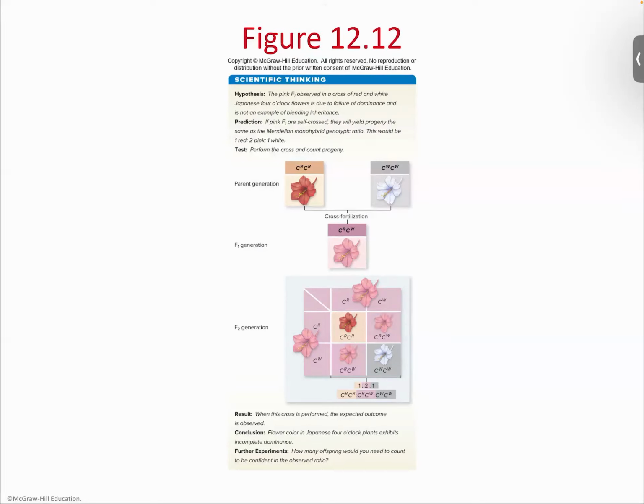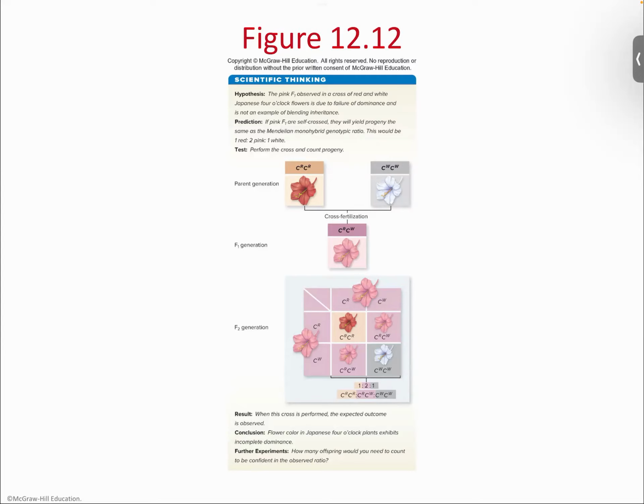So historically, there's a couple of different notational systems that geneticists use, and oftentimes they vary depending on what organism they're working with, right? So for instance, plant people will use one notation convention. Fly people will use a slightly different convention. Yeast people will use a slightly different convention. It's just kind of the way they develop their own mechanism, their own system. So this is one particular type of notation system.